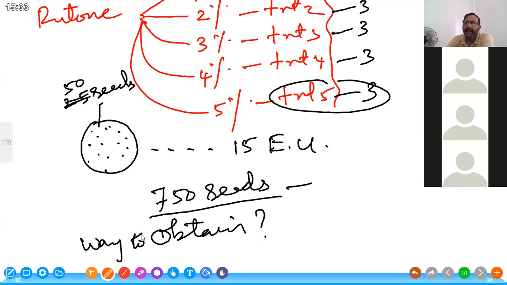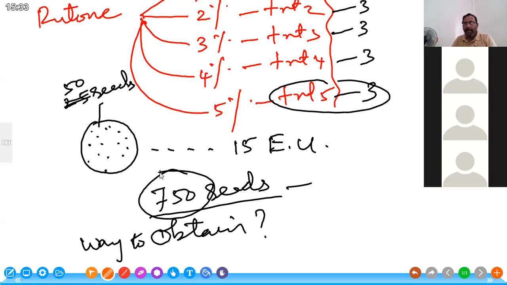Why is that? Because we cannot obtain from one single fruit, the reason is we'll have to have very uniform size of good quality seeds of 750. So we'll have to have equal type of seeds 750.